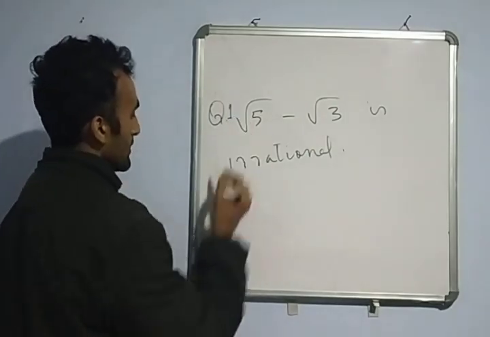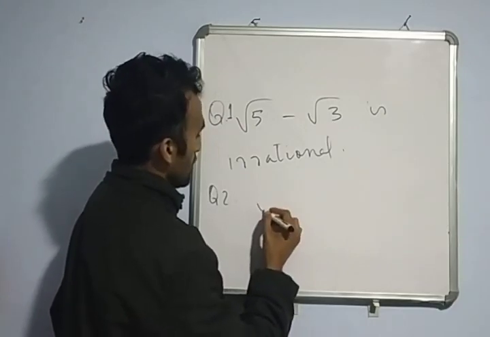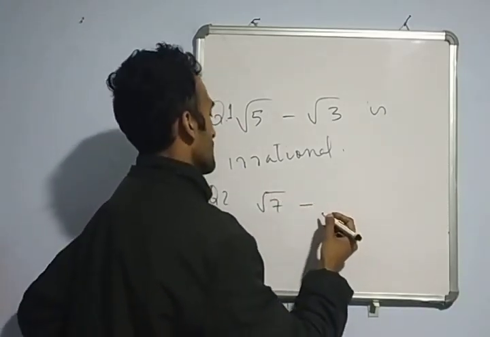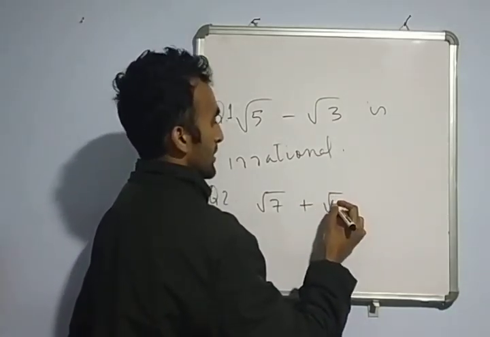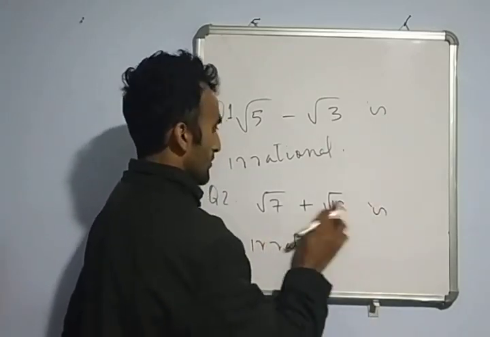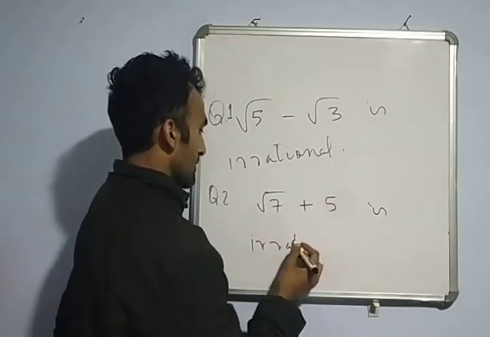This is question number 1, and question number 2 is: prove that root 7 minus or plus root 13 is irrational. Well, let me just write here root 7 plus 5 is irrational.